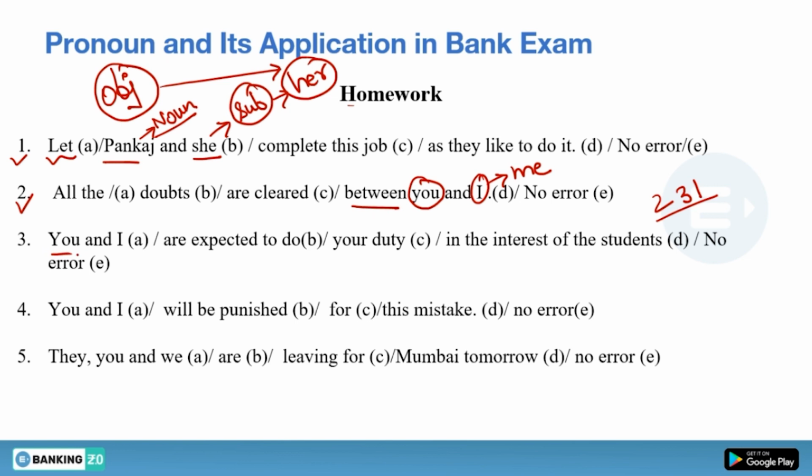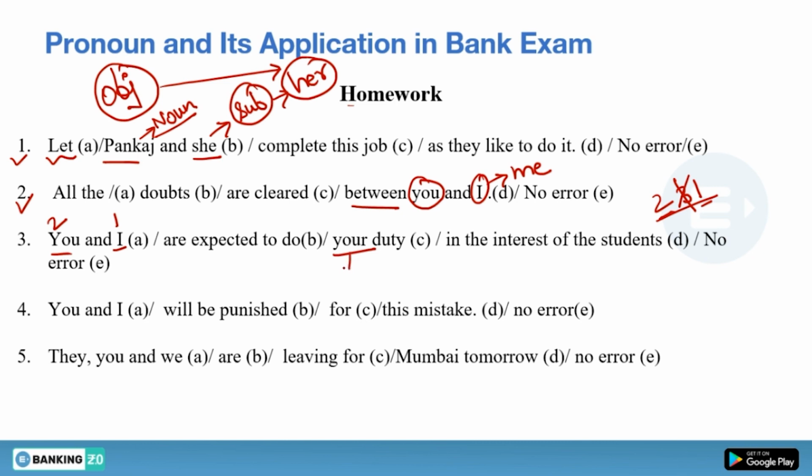So we have you, that is second person, and then we have I, that is first person. That means the sequence is fine, 2 and 1. So is this the correct sentence, or is there anything wrong? You and I are expected to do your duty.